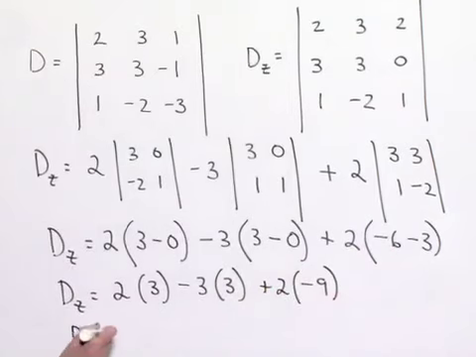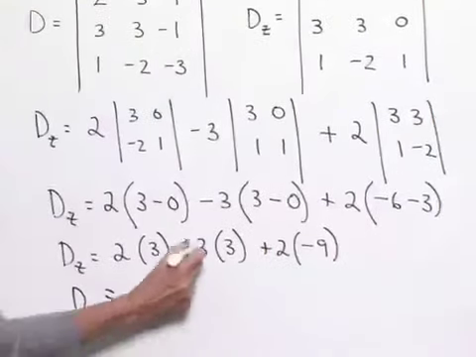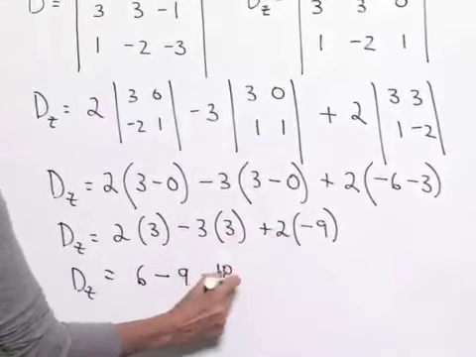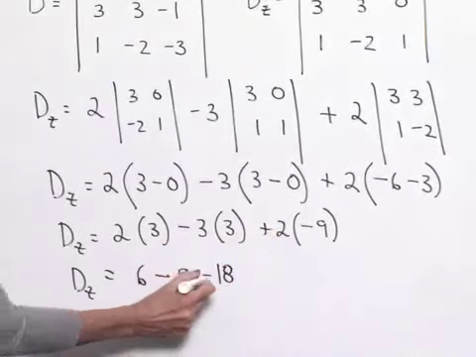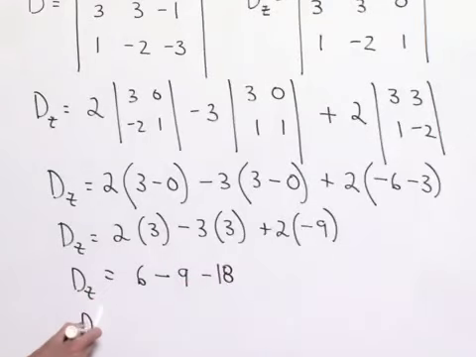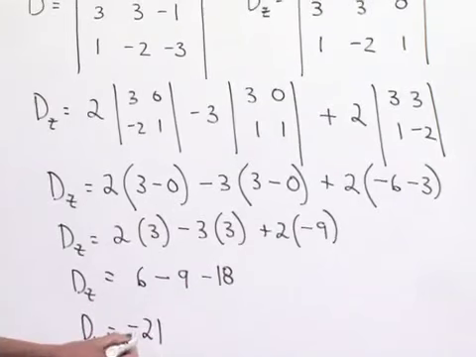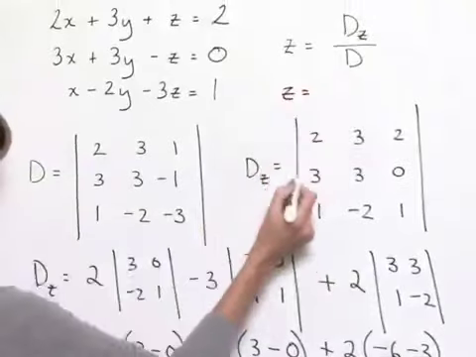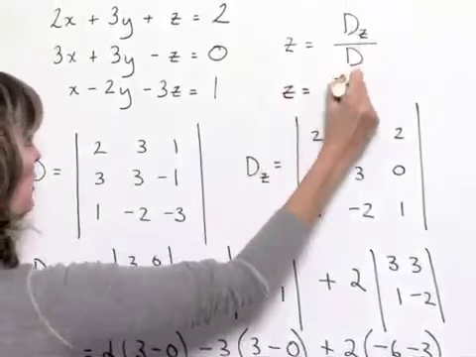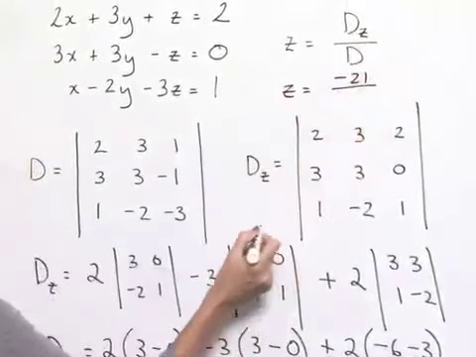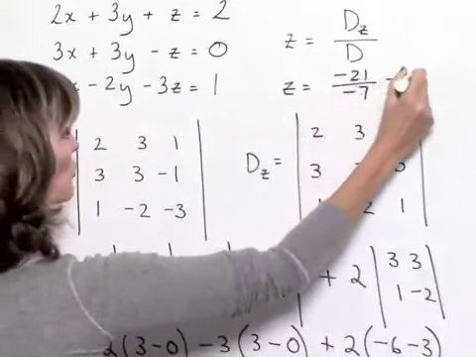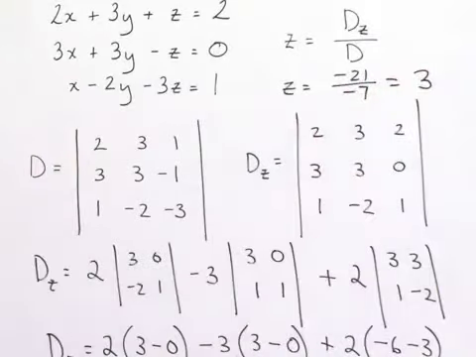D sub z then equals 6 minus our value of 9 minus a value of 18. So this is going to be a negative 3 minus 18, which gives us our d sub z equals negative 21. Let's now take this value and substitute to find z. Z then equals the value of d sub z, which is negative 21, divided by our previously found result for d of negative 7 to give us our answer for z equals 3.